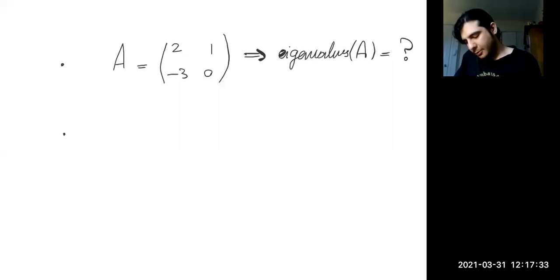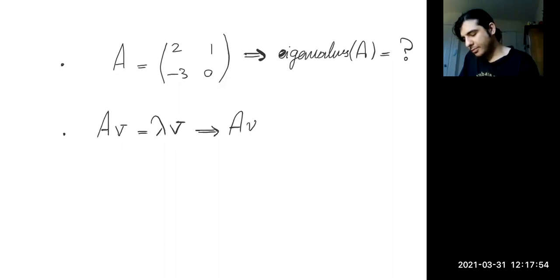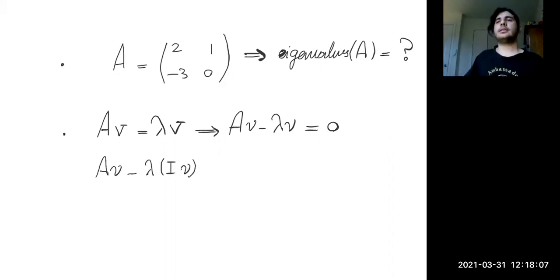So let's do that. If we have a matrix A, we want to look for eigenvalues and eigenvectors. We should look at vectors V such that AV is equal to lambda times V. Okay, and it means, if I take the right-hand side to the left-hand side, AV minus lambda times V is equal to 0. Now, lambda times V is the same as lambda times the identity matrix times V, right? Because the identity matrix times any vector is the vector itself.